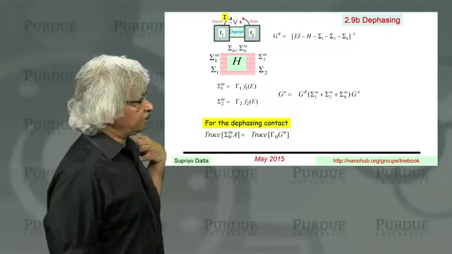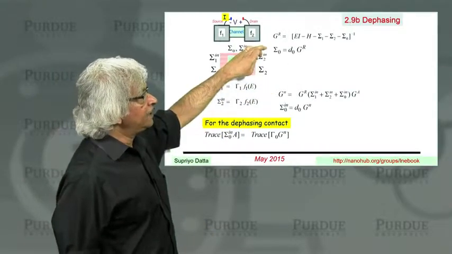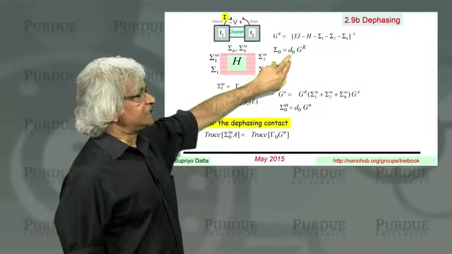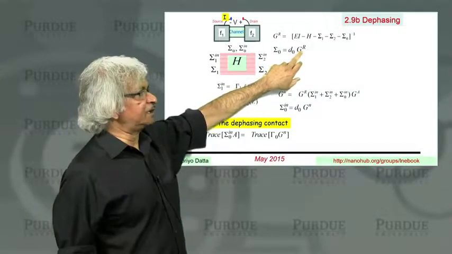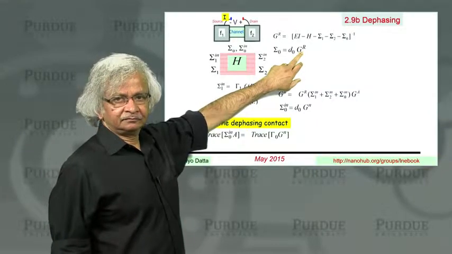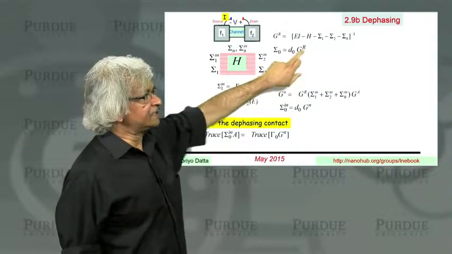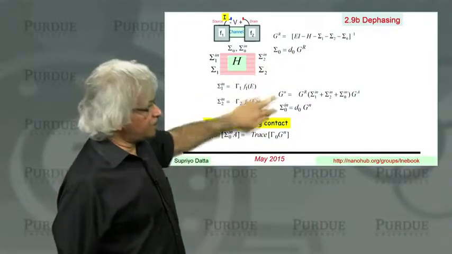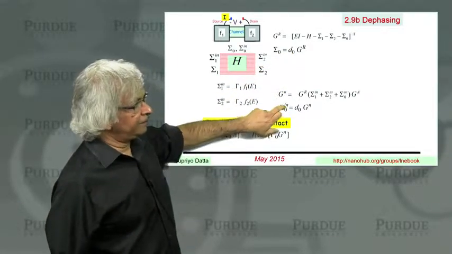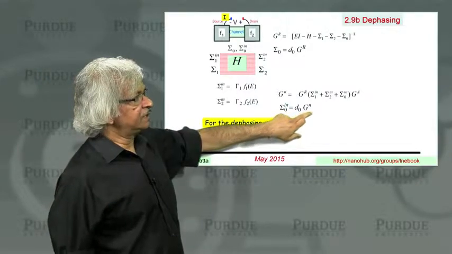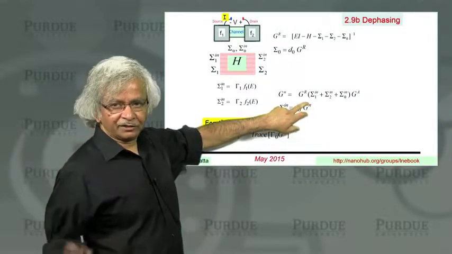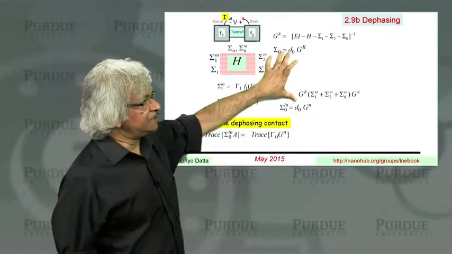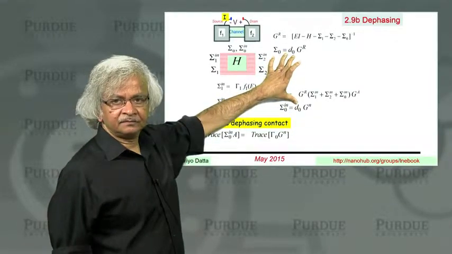So one example would be the following: supposing we use a sigma 0 that is equal to a number d0 times the retarded Green's function. So this is a matrix, that's a matrix, this is a number. And correspondingly, we choose the sigma 0 in as d0 times this matrix Gn that we have defined. Again, we use the same d0 in both places.